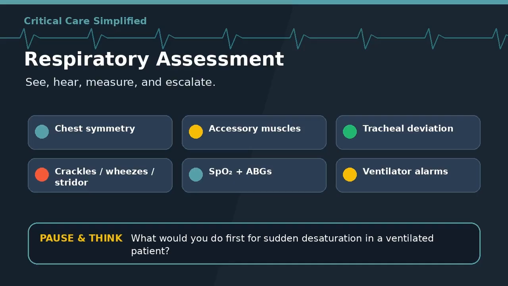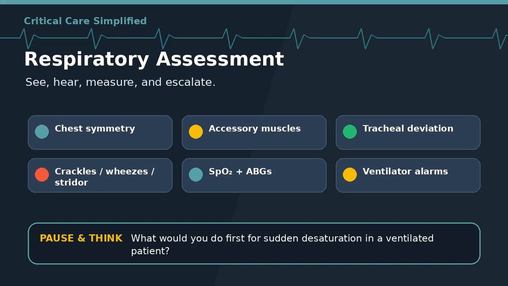Fine crackles might point toward pulmonary edema or early pneumonia. Coarse crackles may reflect secretions or fluid in larger airways. Wheezes can mean bronchospasm, secretions, obstruction, tube kinking, or airway edema. Stridor is an airway emergency.